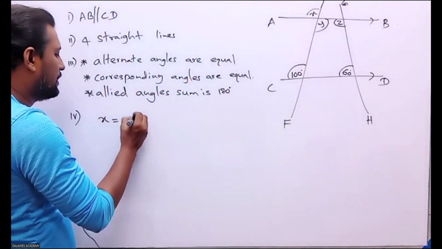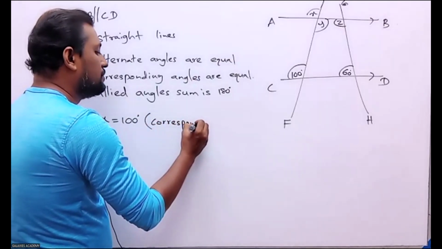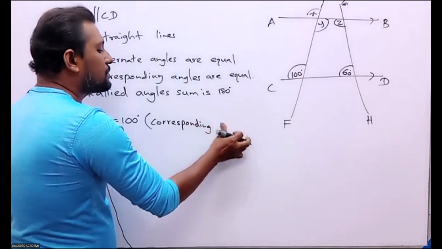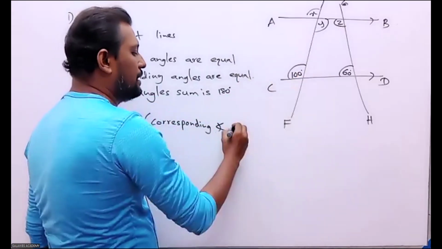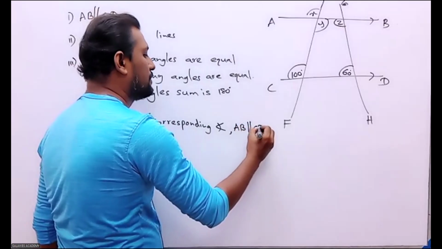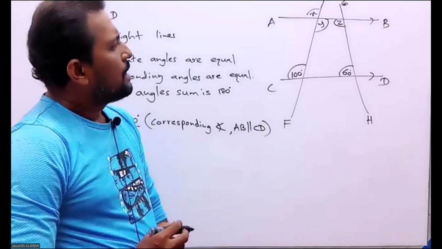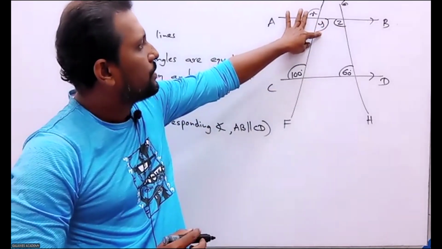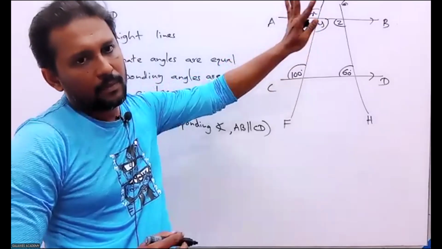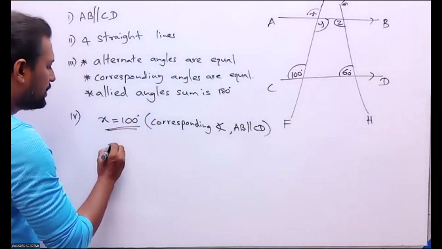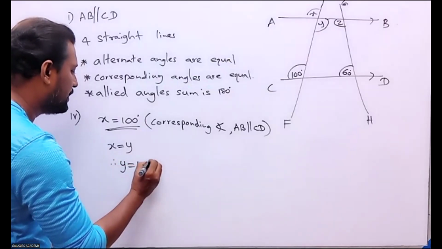Also write the reasons: corresponding angles and also AB parallel to CD. One angle magnitude I found. What's the relationship between x and y? They are equal. Why? Vertically opposite angles. So x equal y, therefore y equal 100 degrees.